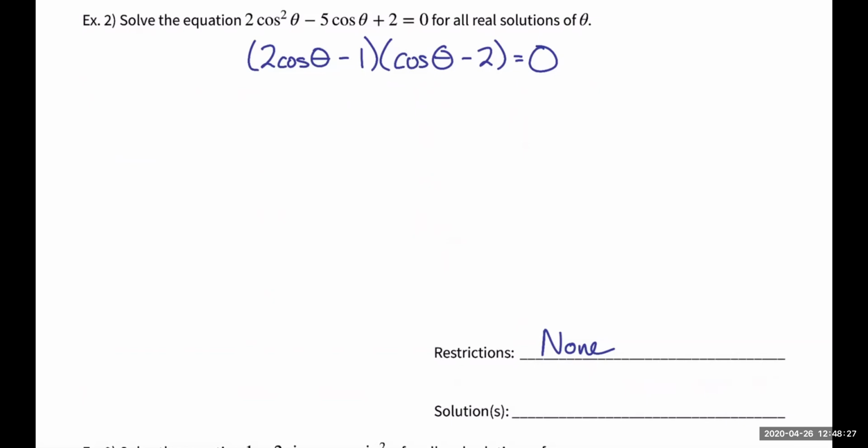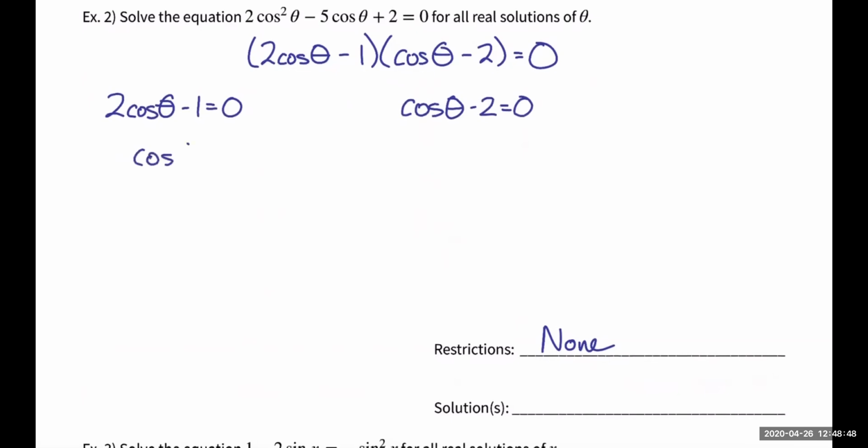It's just x is not our variable. We're using cosine of theta in place of x. All right, but we've got it factored now, so we can use our zero product property. So 2 cosine of theta minus 1 is equal to 0, and cosine of theta minus 2 is equal to 0. Each of our factors individually equal to 0.